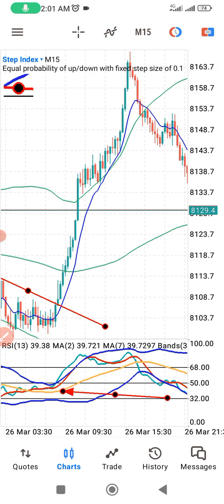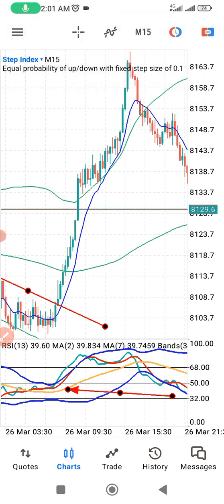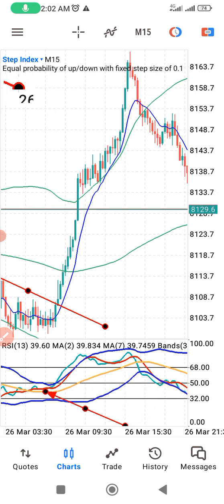Alright, then we have the yellow line. This yellow line gives us the overall direction of the market. It spells out the market sentiment. The yellow line is what gives us the directional bias. And how do we use that?